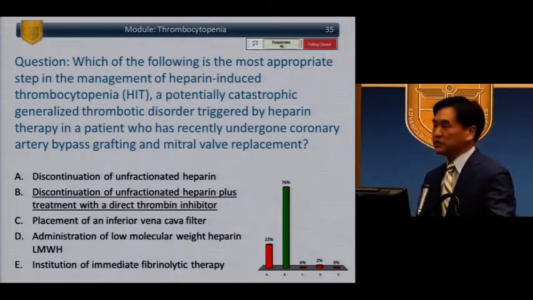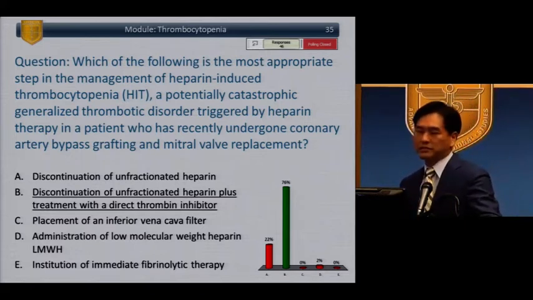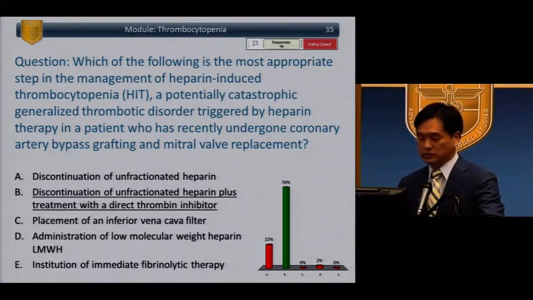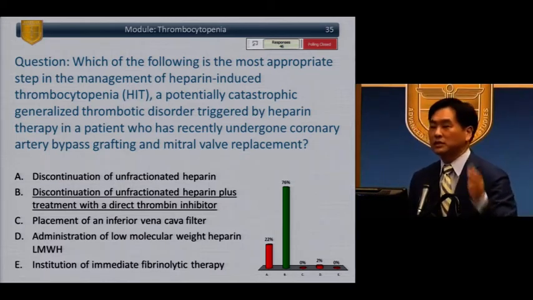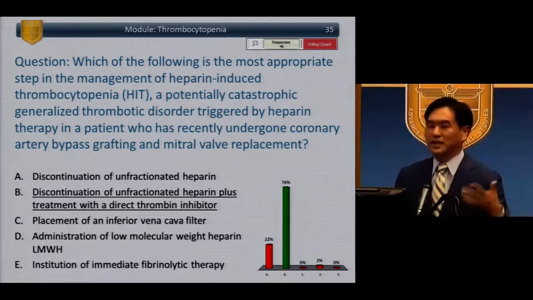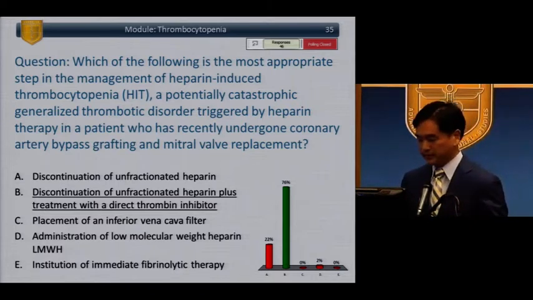But transfusing people when they're bleeding is better than praying for them because they've had a catastrophic clot somewhere. So, yes, the answer is stop the heparin and give them a DTI. Okay? One of the concepts here is that low molecular weight heparin is still heparin, and the problem is heparin. So stop the heparin. Great.